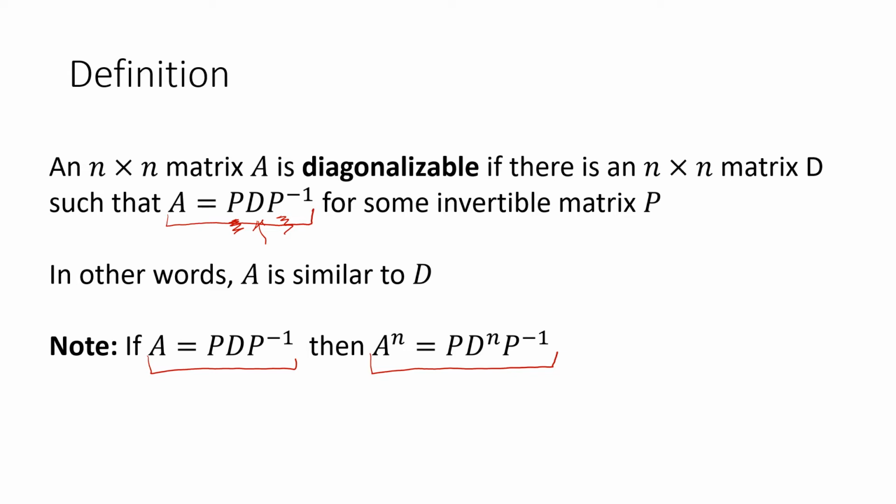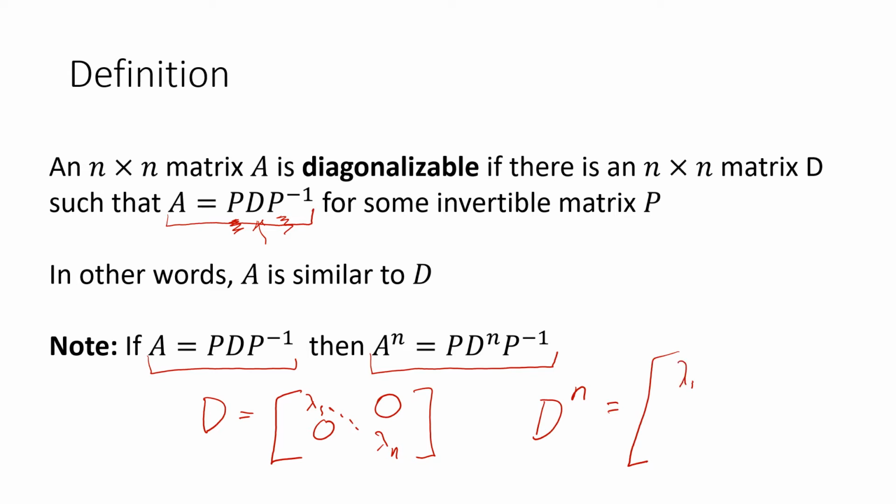And note when you do D raised to the n for a diagonal matrix, that's very easy to calculate. If D is equal to lambda 1 all the way down to lambda n, with zeros on either side, then what's D to the n? Raising it to the nth power is lambda 1 raised to the n all the way down to lambda n raised to the n.